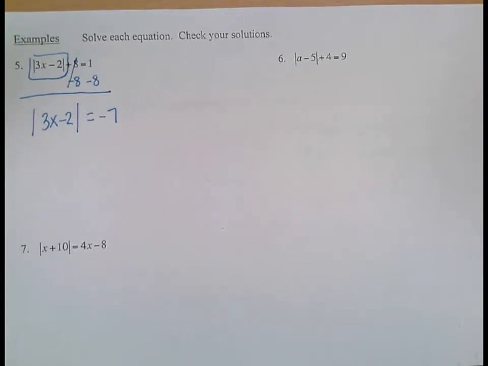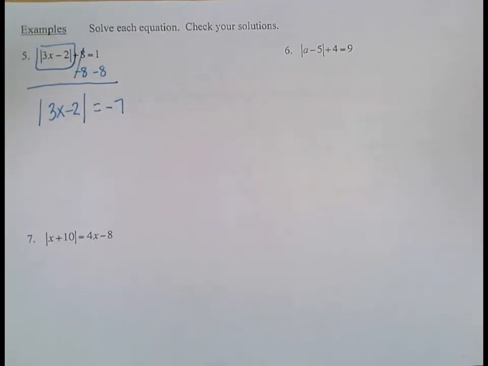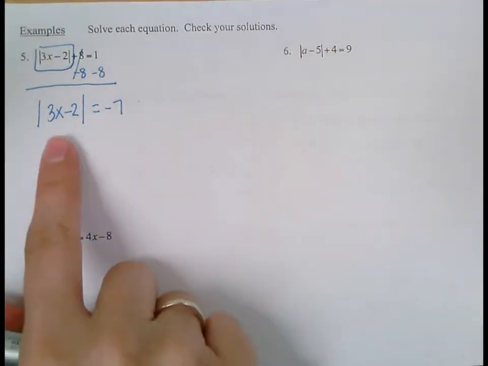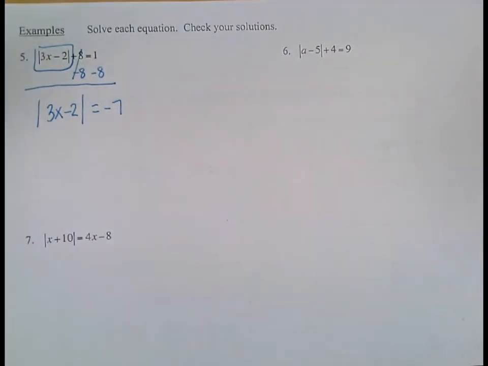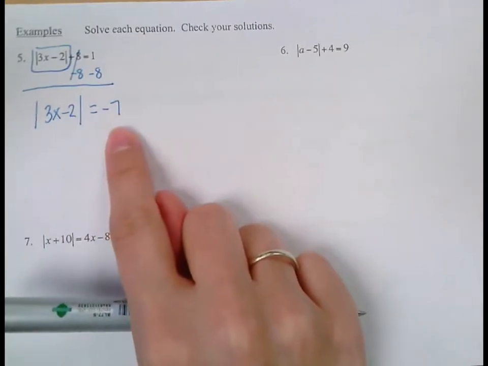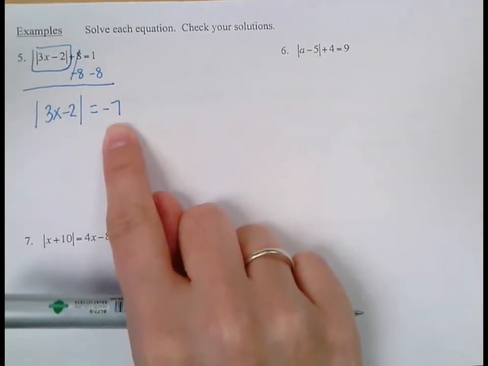So now this equation looks like the first two we went through because the absolute value expression is by itself. However, there's another difference with this particular example, and that's the fact that now what's on the right side of the equal sign is negative.